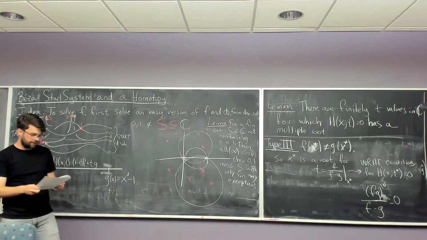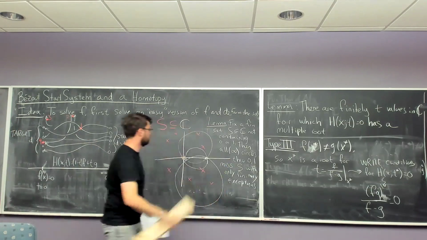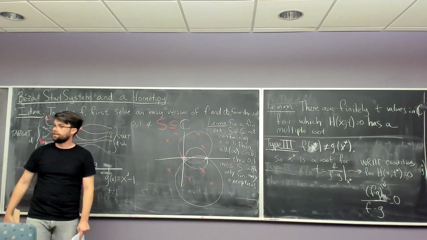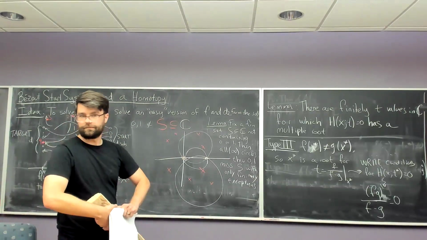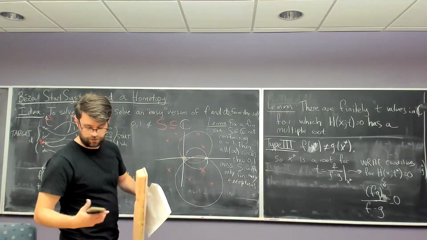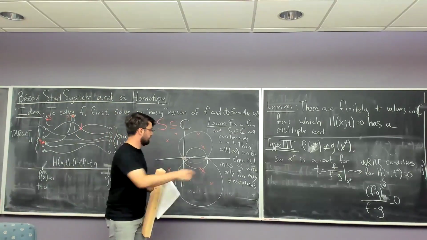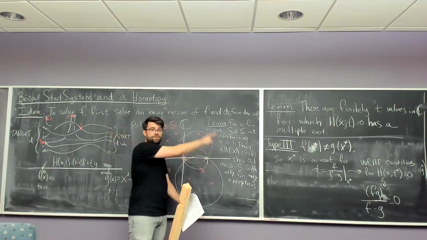All right, so moving on. Most circles avoid a finite set. The finite set we're interested in is the set of t values for which we have a multiple root. Because what we're going to do is adapt this homotopy. So instead of taking the path from 1 to 0, we will go along one of these circular paths.